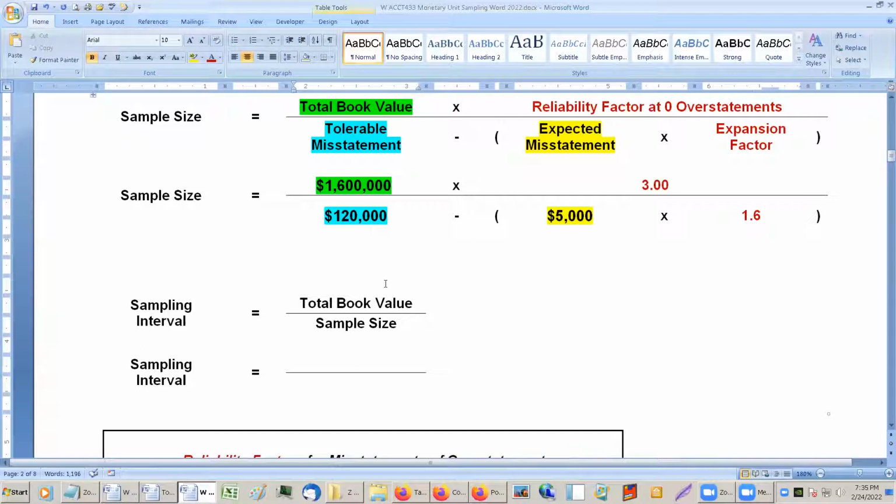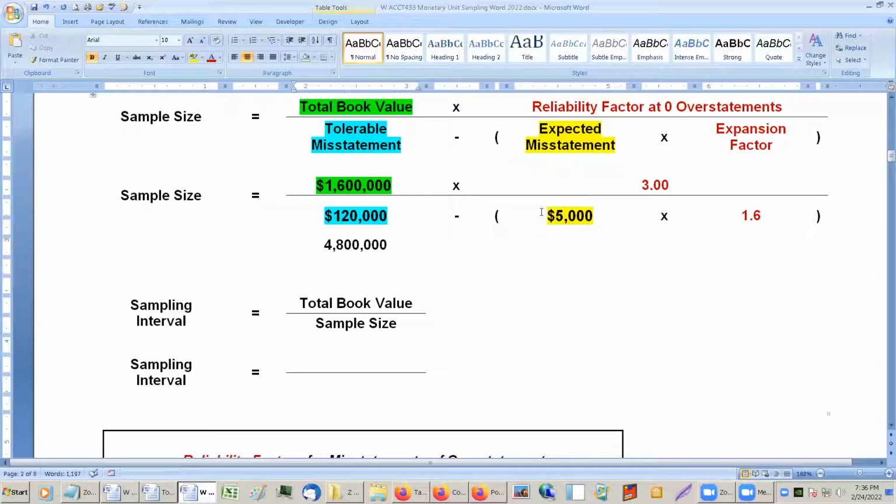Okay, so now we have to do some calculations. 1,600,000 times 3 is 4,800,000.